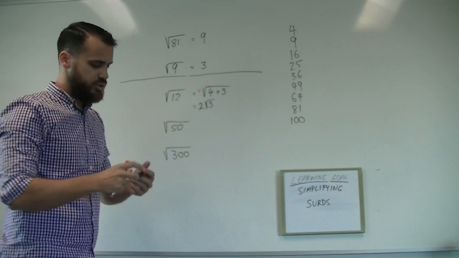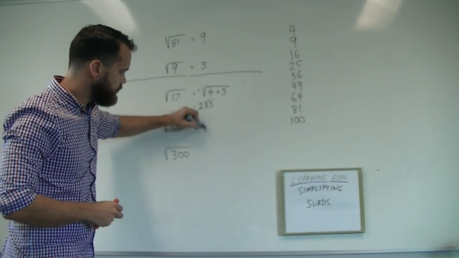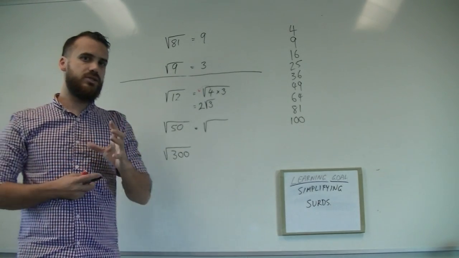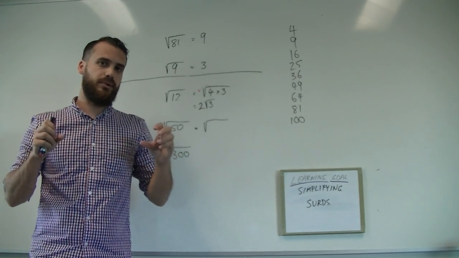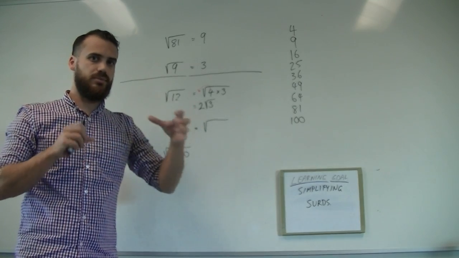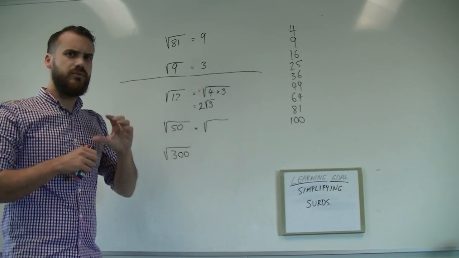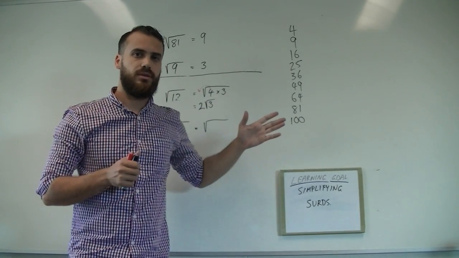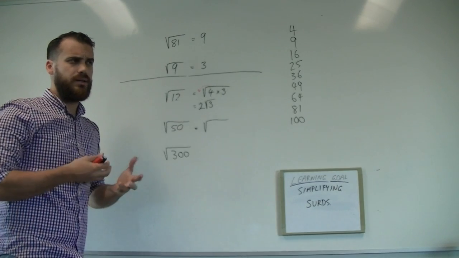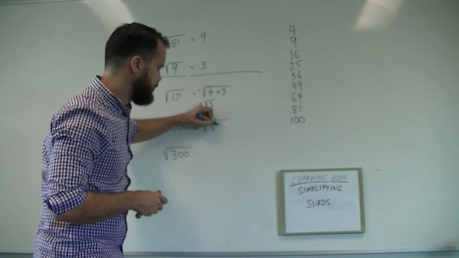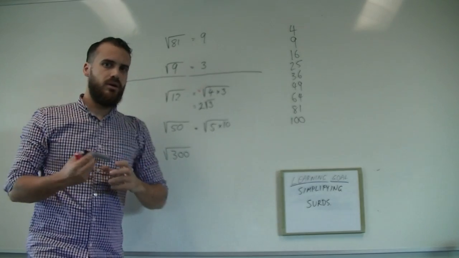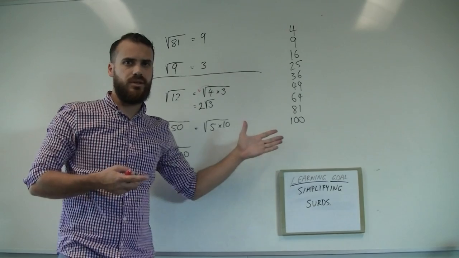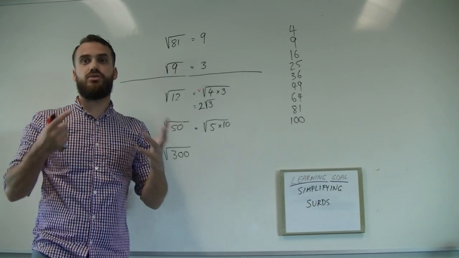Okay, let's try another one. Root 50. Now we need to come up with a way to break 50 up to something times something makes 50. And we need one of those things that we break it up into to be something from this list. Now I could break it up into 5 times 10. But there's a problem there because 5 and 10 are not on my list. So breaking it up into 5 and 10 is useless.